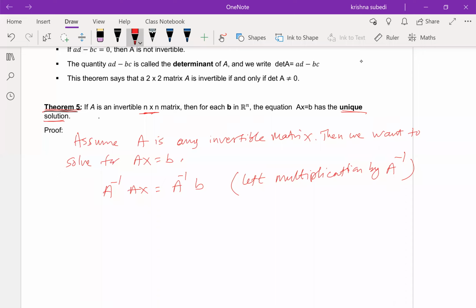That's why I write it down here. Now A inverse times A, we know that is I, the identity matrix. So we get Ix equals A inverse B. If we multiply any matrix with the identity matrix, we simply get the same matrix, so x equals A inverse B.